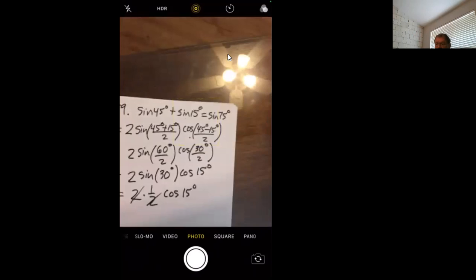All right, so let's see if I can apply that to this. I can write this as cosine of, I want this to be my x. See how 15, cosine of 90 degrees minus 75 degrees.